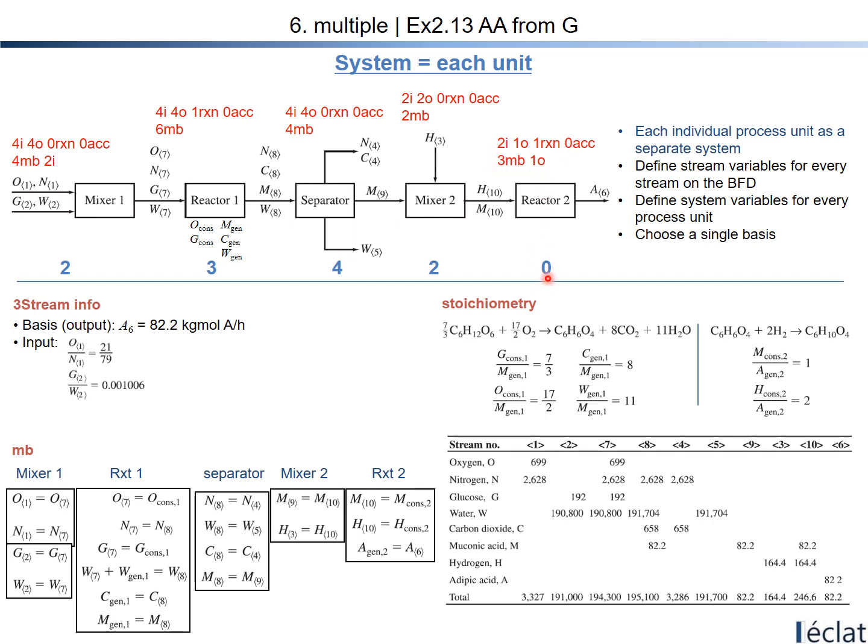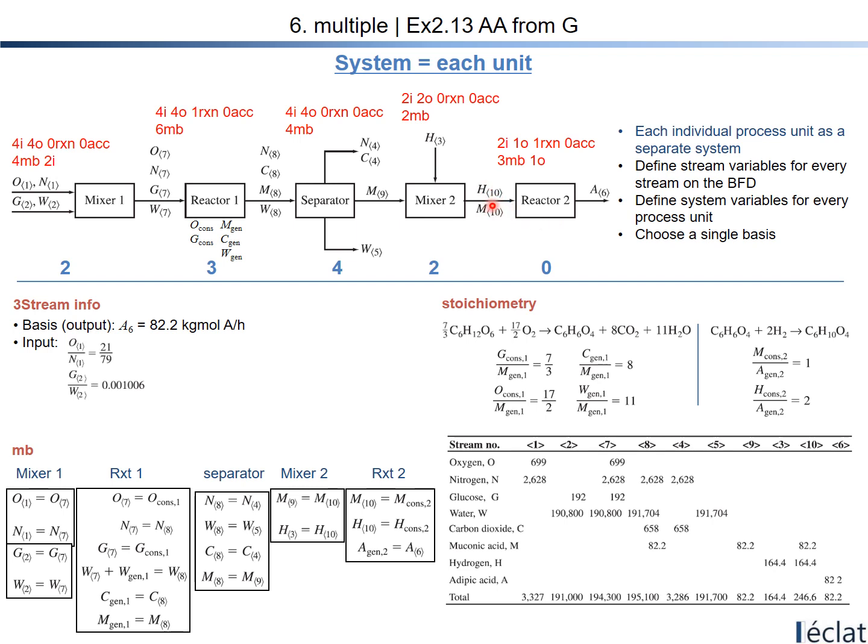Then it means for the reactor 2, we could calculate all variables including H10, M10, and A6. Then let's go to the mixer 2. Right now we have known these values. From the viewpoint of mixer 2, this is the output. From the viewpoint of reactor 2, this is the input.